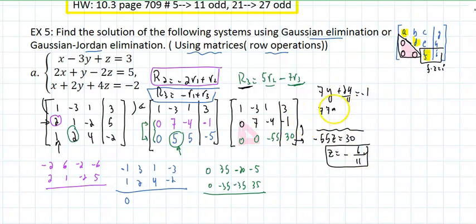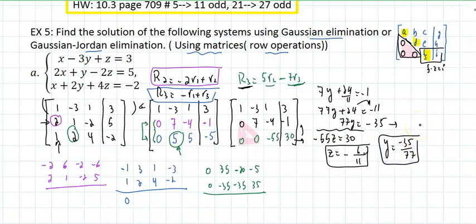Clear the fractions. Again, not pleasant. Add that to both sides. 77y equals negative 35. So I'm getting y to equal negative 35 over 77.